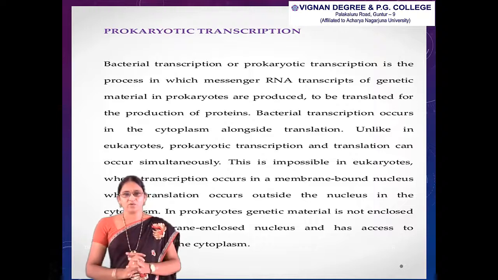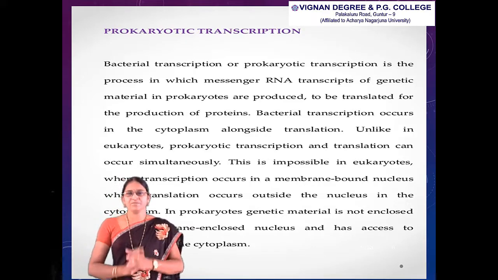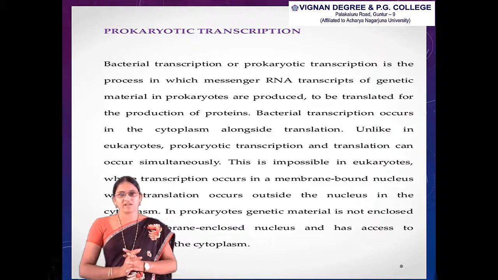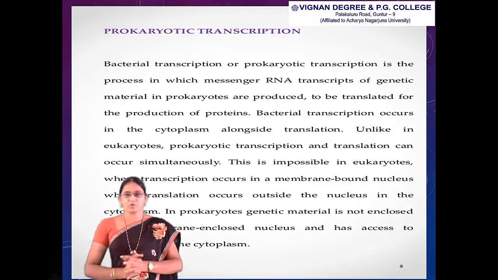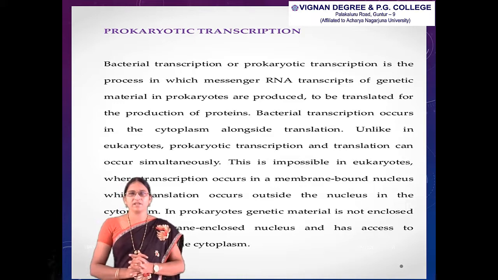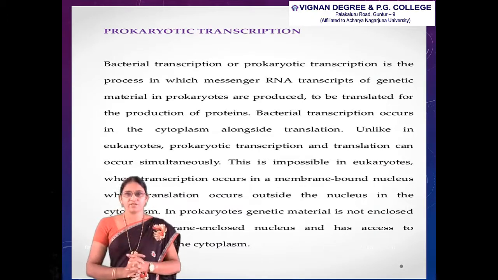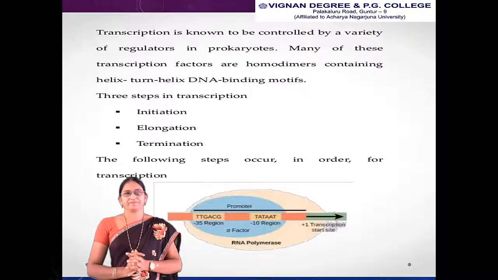Whereas in eukaryotes, the synthesis of RNA occurs in the membrane-bound nucleus, and then the RNAs enter into the cytoplasm where the translation process occurs. This is not seen in prokaryotes. Why? Because there is no specific membrane-bound nucleus. The nucleoid is present, which is dispersed in the cell cytoplasm.